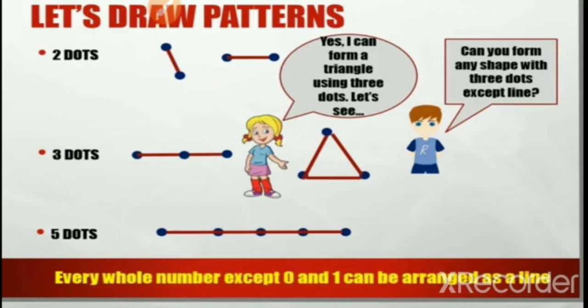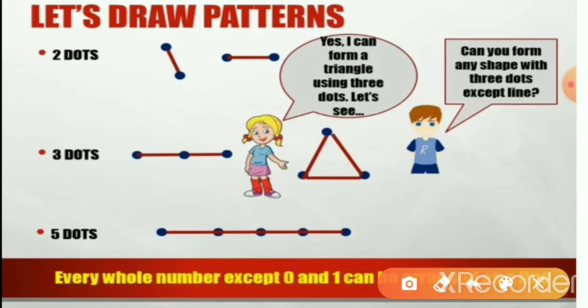Here you can see, if we draw two dots, using these two dots we can form a line like this. And if we talk about three dots, using the three dots we can form a line also, and we can form a triangle also like this.